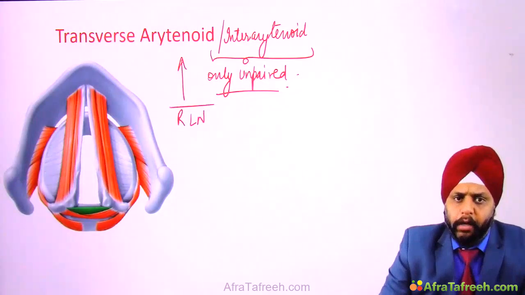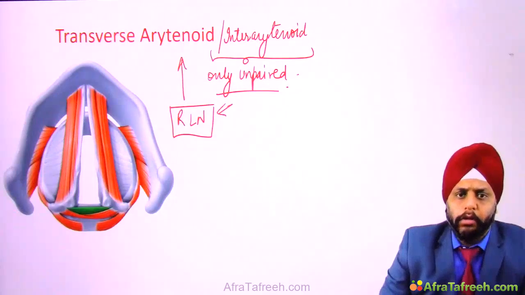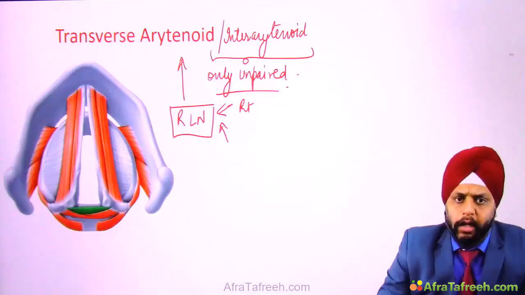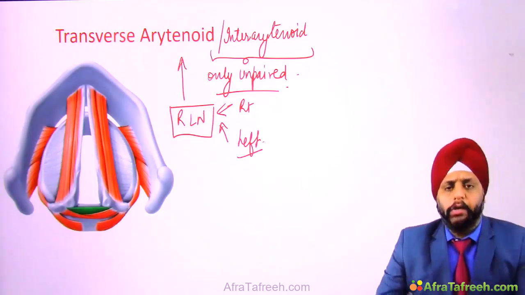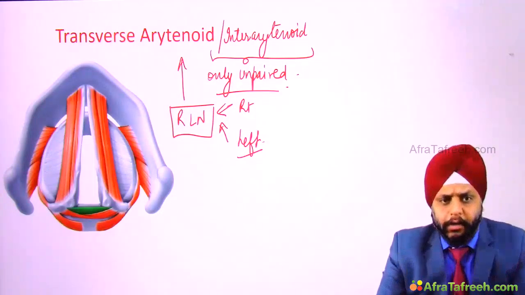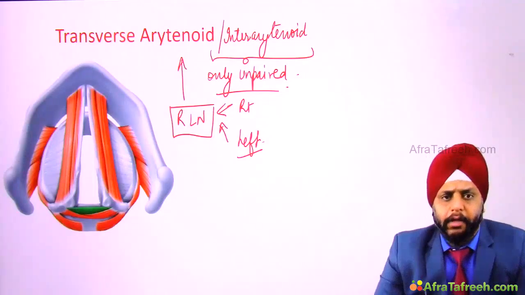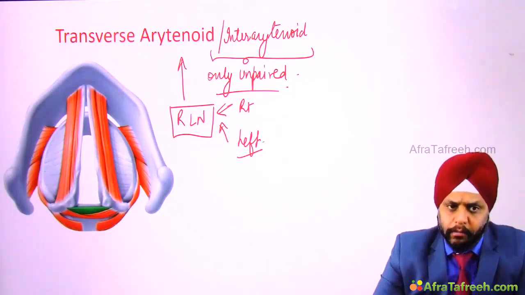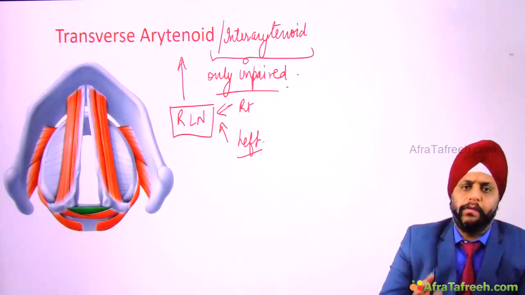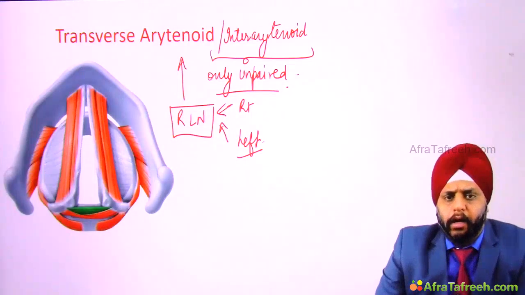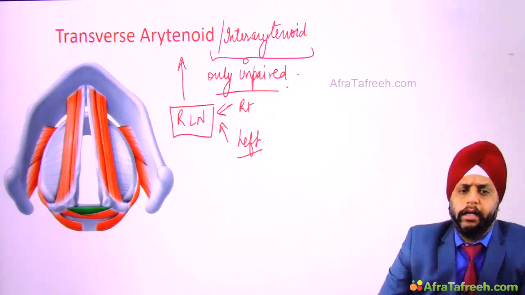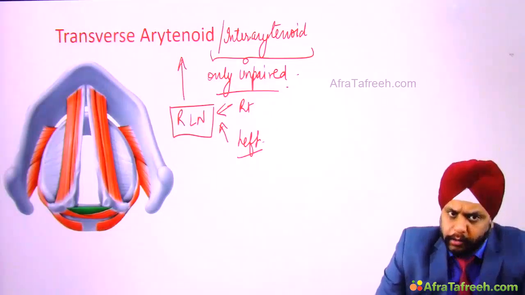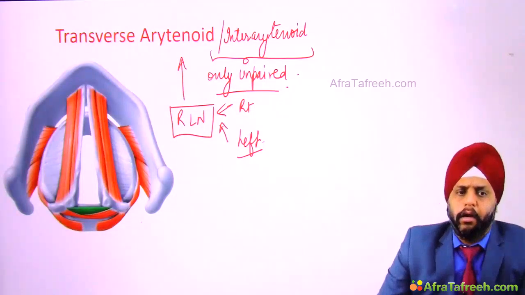It is supplied by the recurrent laryngeal nerve, both the right side and the left side. So both the recurrents, the right and the left, supply the transverse arytenoid muscle. So this is the only unpaired muscle and is supplied by both the right and left recurrent laryngeal nerves. Clear? All right.